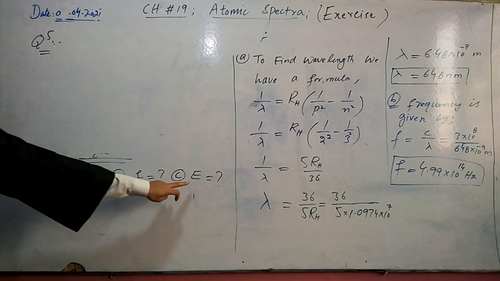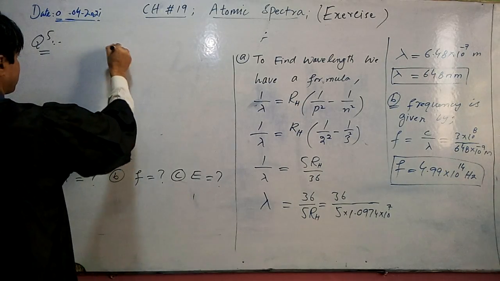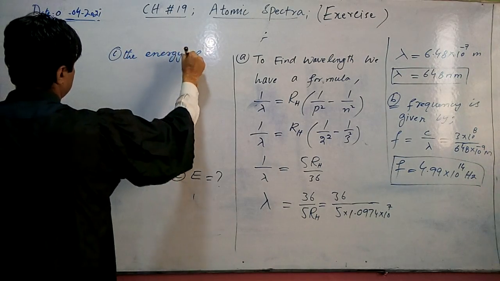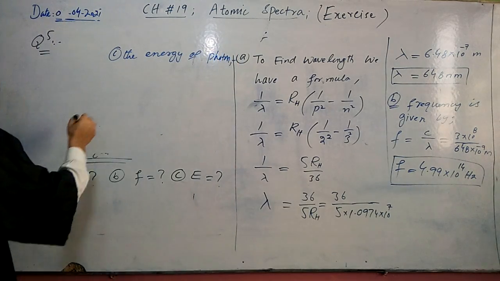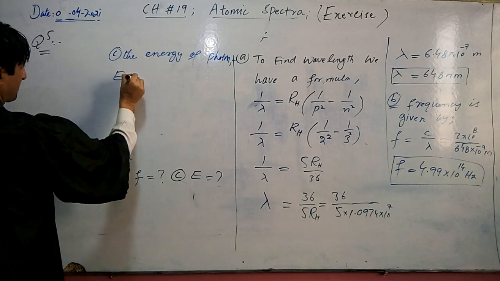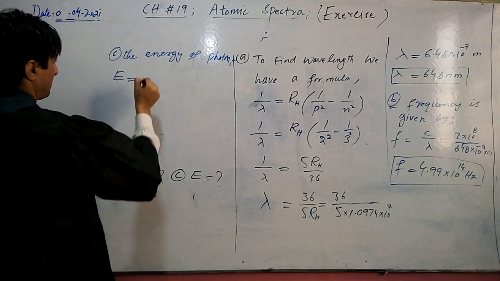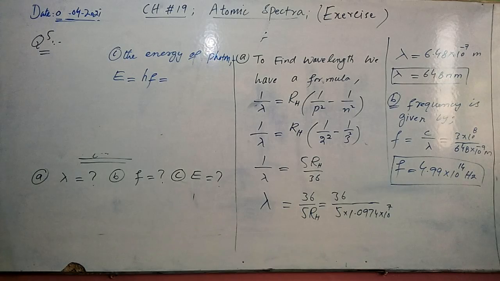In option C we have to calculate the energy. So what will be the energy of photon? Energy of photon is given by what? E is equal to HF is equal to 6.63 multiplied 10 power minus 34.